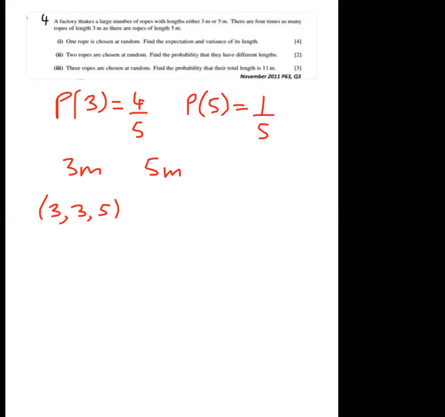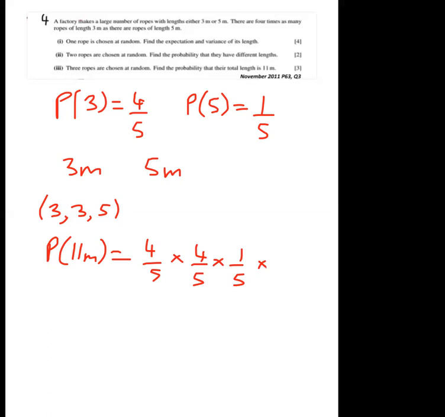But there are multiple possible arrangements of this. So we'll find the probability for 3, 3, 5 and then we'll multiply it with the possible arrangements. So the probability of 11 meters length in 3 chooses of ropes is that the first is 3, so that would be 4 upon 5. Second is 3, so again 4 upon 5, and then third is 5, so 1 upon 5.